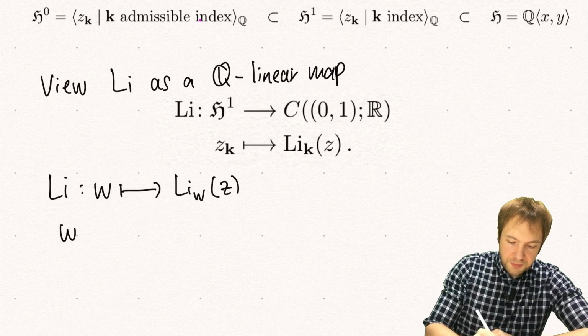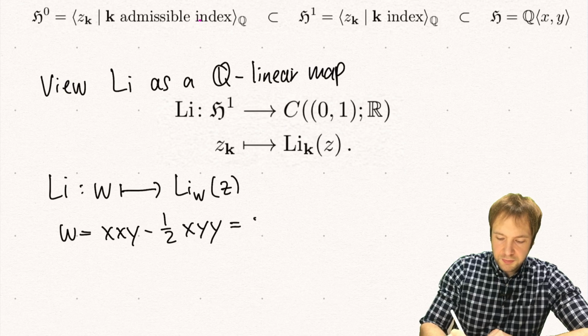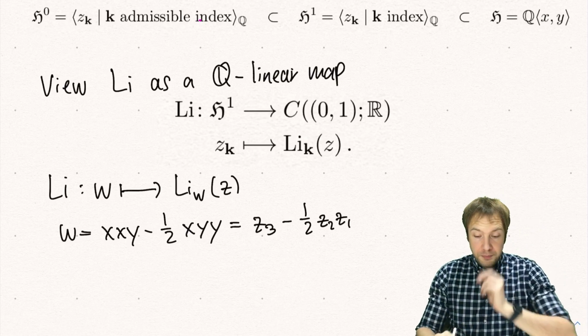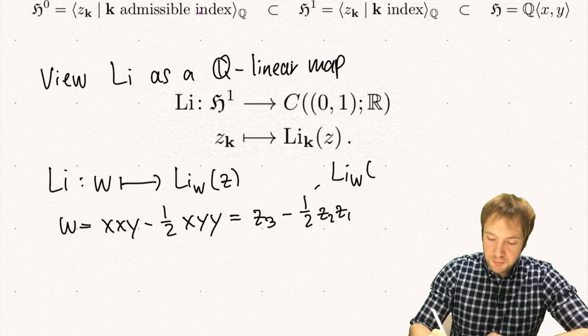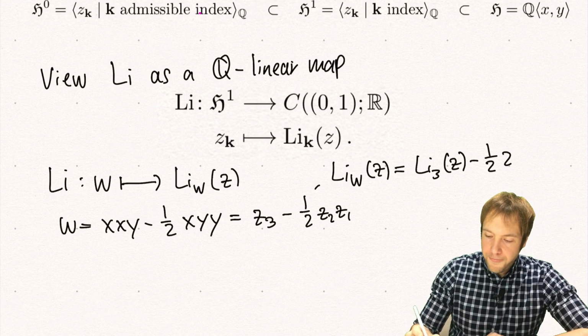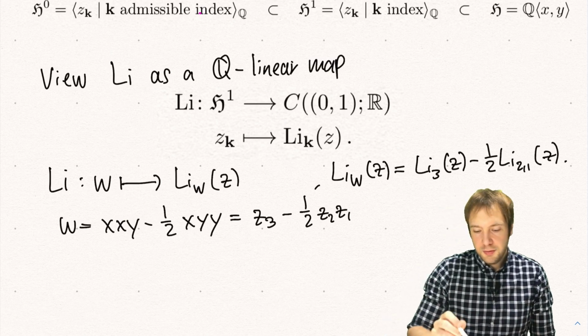So for example, if this W is this, so this means this is z_3 minus 1/2 z_2 z_1, then Li of this word, what we mean by this is that this is Li_3(z) minus 1/2 Li_{2,1}(z). Okay.